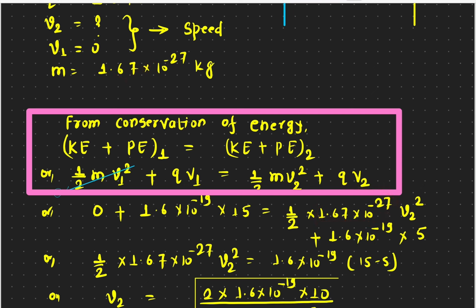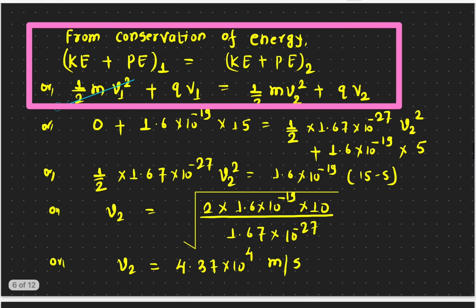V2, we do not know V2, so we have simply kept it as V2 square. Plus charge of the proton is 1.6 times 10 to the negative 19, and V2, that is potential at this surface, is 5. So now all we need to do is solve.